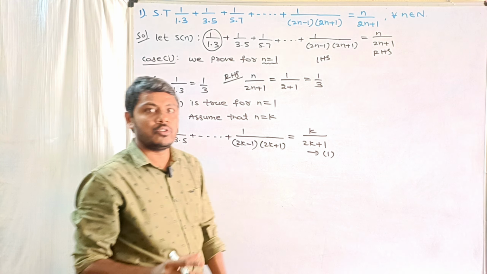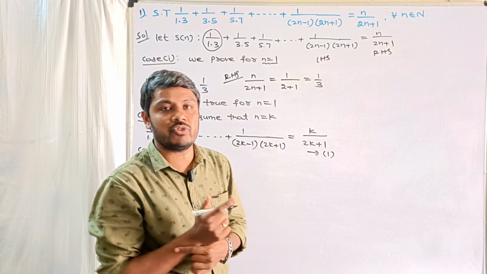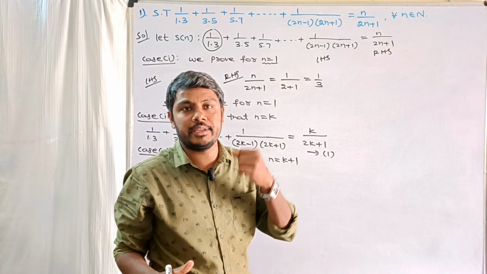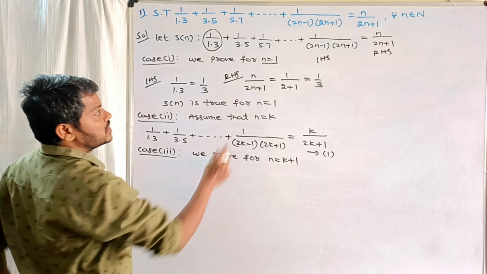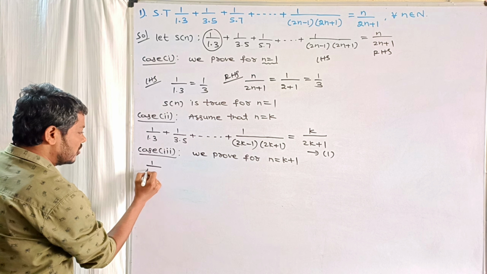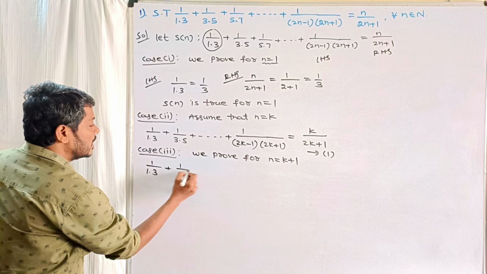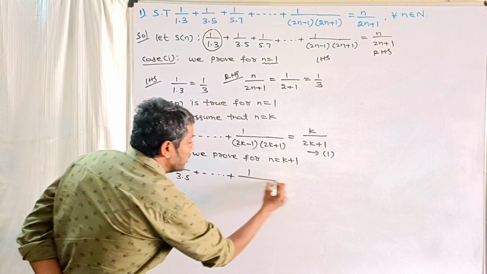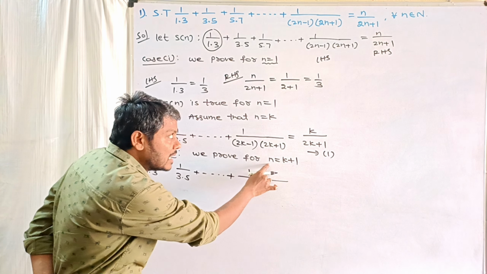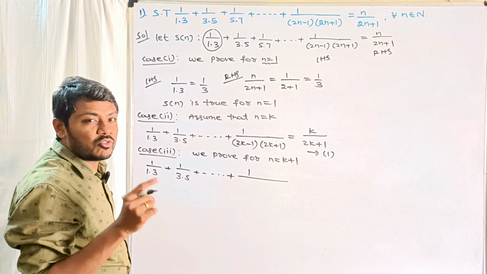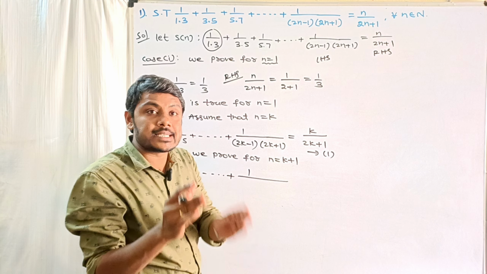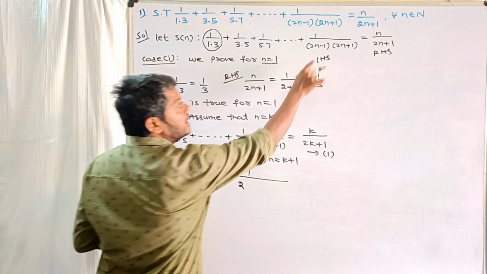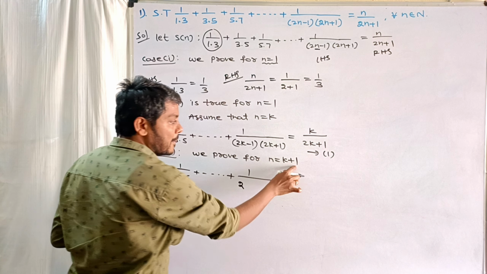So next, case 3. You prove for n is equals to k plus 1. Means you can consider LHS, and from that you can prove RHS. So here what is LHS? 1 by 1 into 3 plus 1 by 3 into 5 and so on plus 1 by, here replace n by what? k plus 1. For writing k plus 1, you should always mention brackets. 2 into n, what is n? k plus 1.